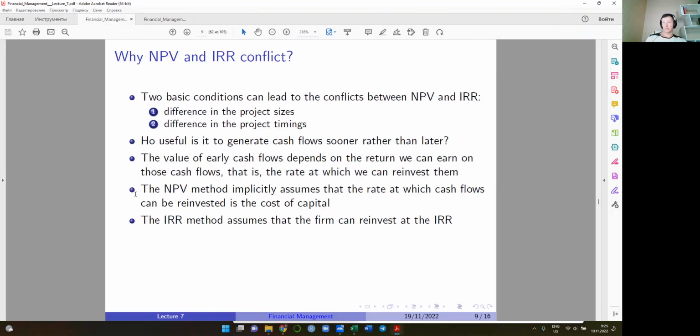In the internal rate of return method, we assume that the firm reinvests at this same interest rate, at the IRR, which does not exist in reality. You do not have any opportunity to invest at this interest rate. And this is a problem.